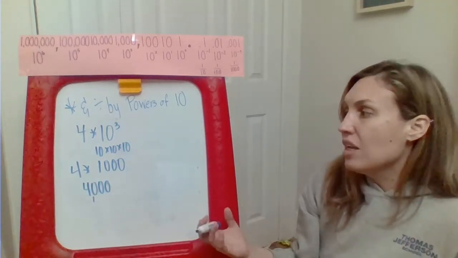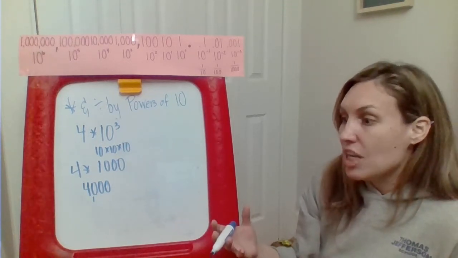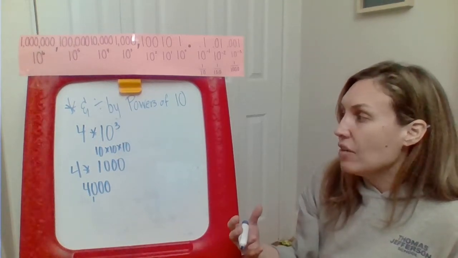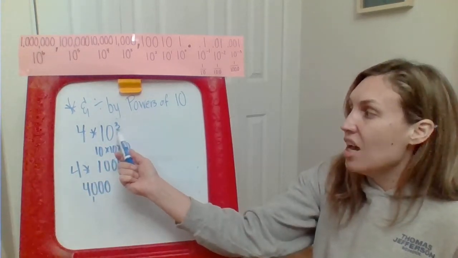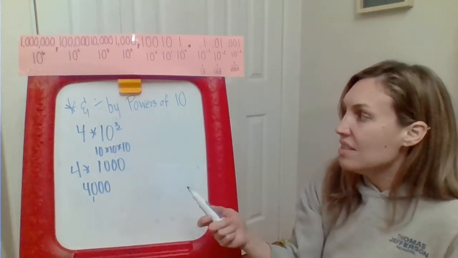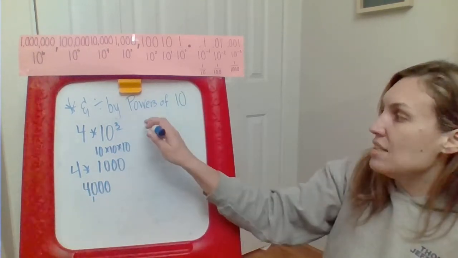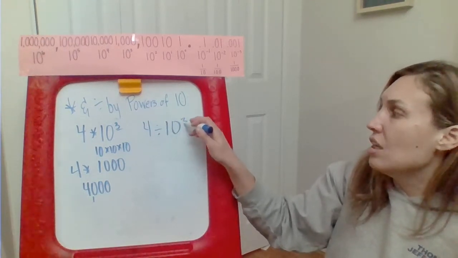Right? Big kind of trick or skill. I hate the word trick, but the big takeaway or easy way to remember that when we're multiplying by whole numbers is this idea that our exponent tells us the number of zeros that should be on the end.